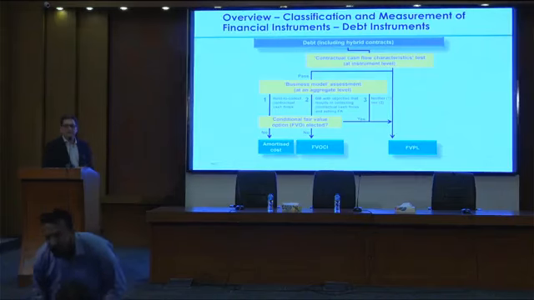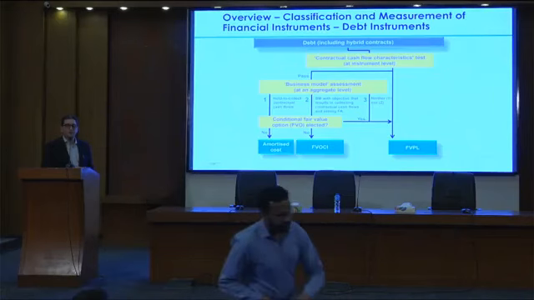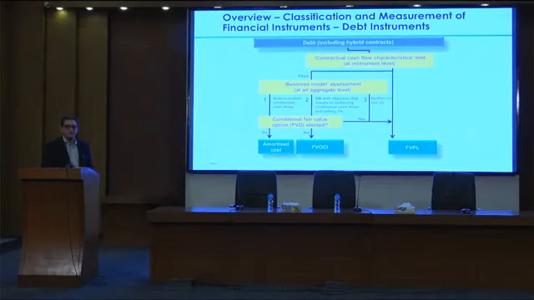For the first category of business model, you actually have to apply a fair value through P&L approach. For the second category, which is hold to collect, amortized cost accounting is allowed, because the purpose is to hold a security till the end to realize full contractual cash flows. So you are not interested in the market fluctuations, but you want to hold it till the end.